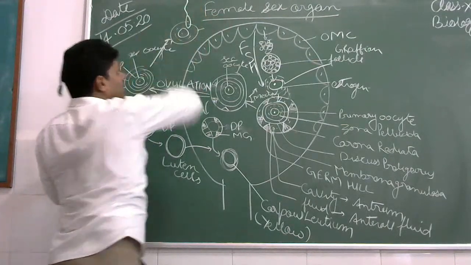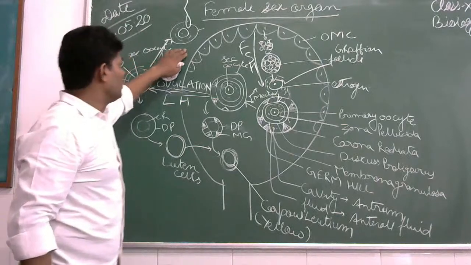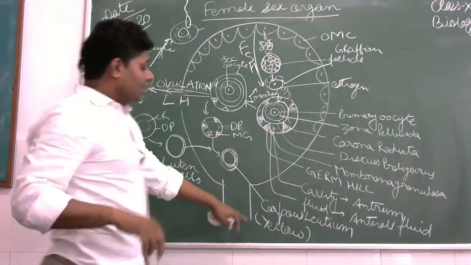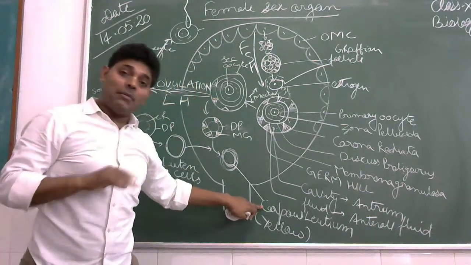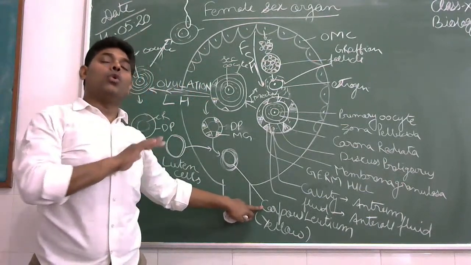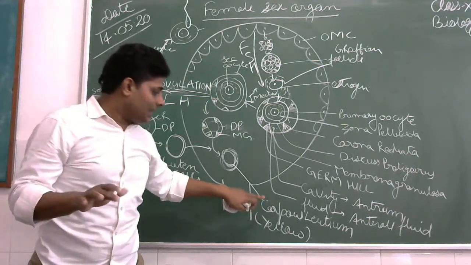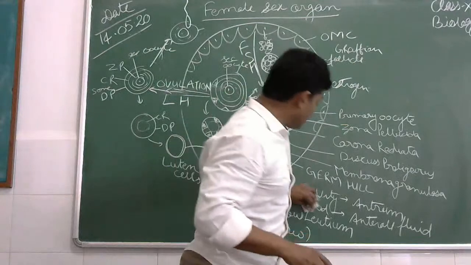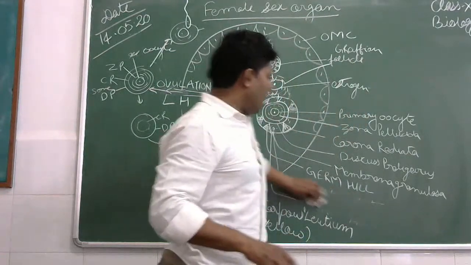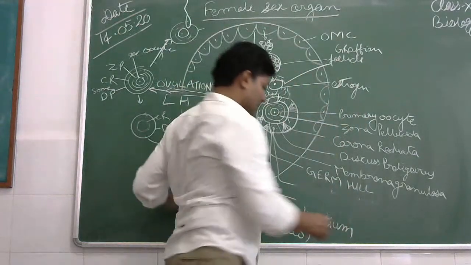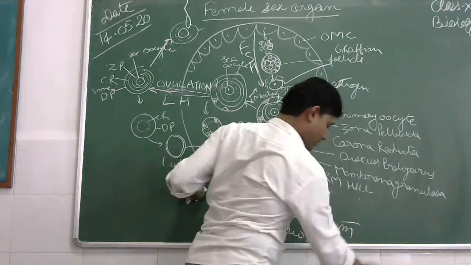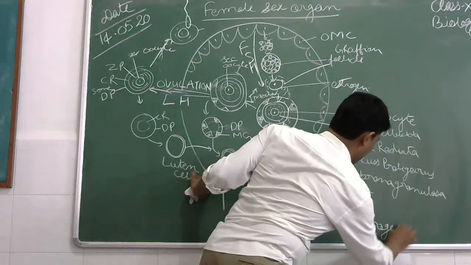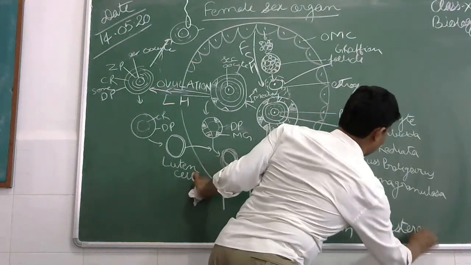Okay, suppose the sperm attaches with it in the fallopian tube, then what happens? Fertilization occurs. Then this corpus luteum remains active during the whole pregnancy, and it secretes a hormone, that is progesterone.